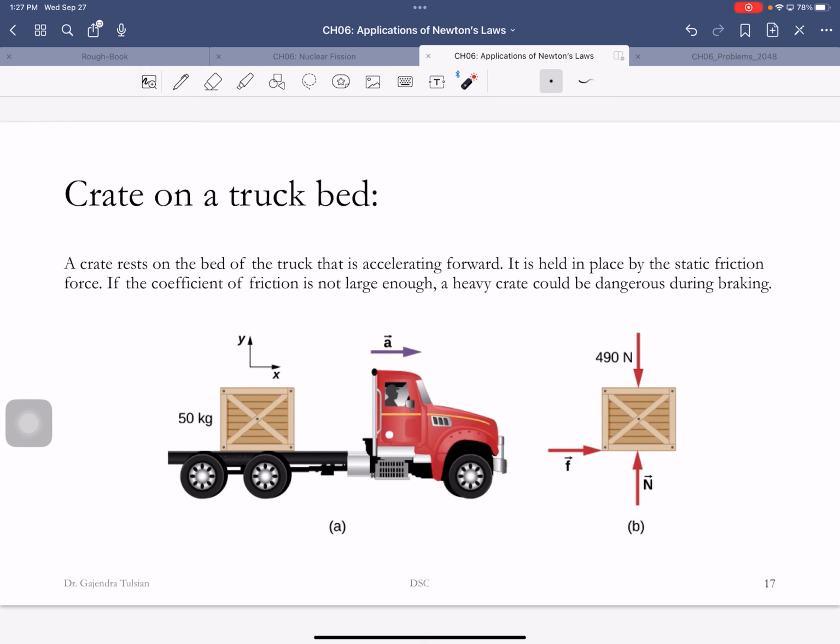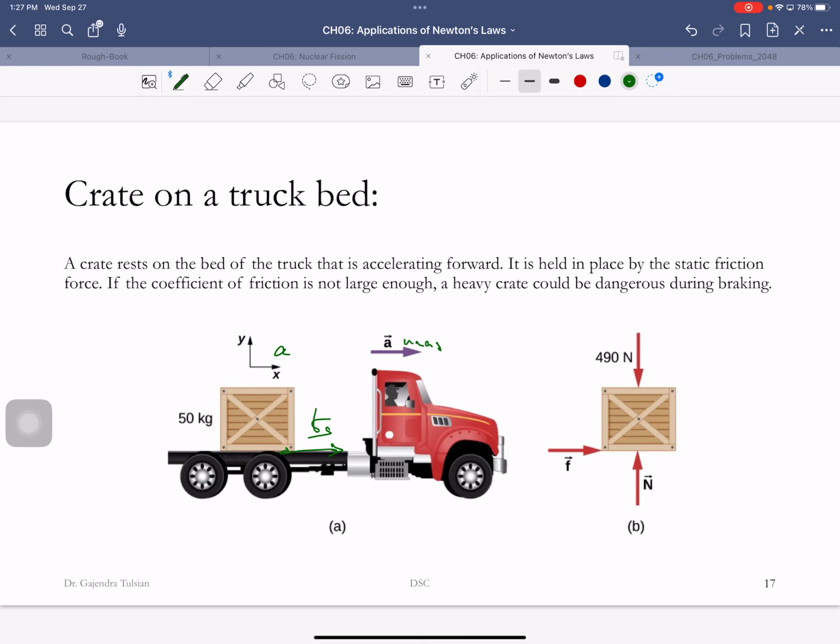Very good. So the friction force, what kind of friction force is that? Static friction force. The two surfaces are not moving relative to each other. And you learned that there's a maximum static friction force, so there's a maximum acceleration the truck can have.